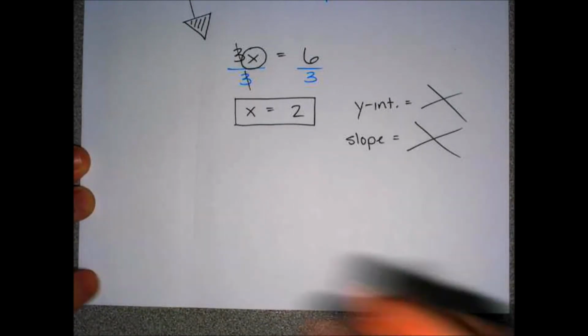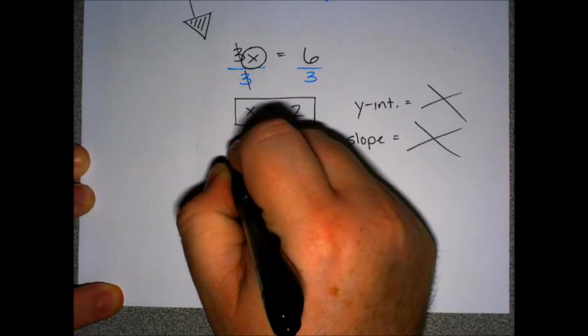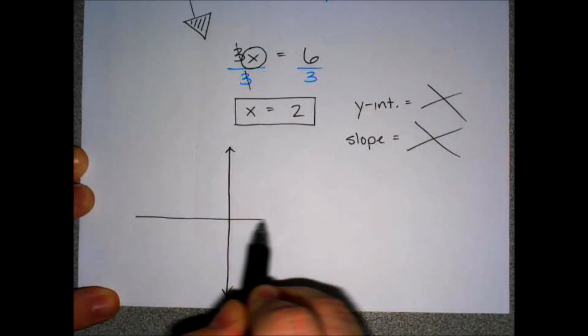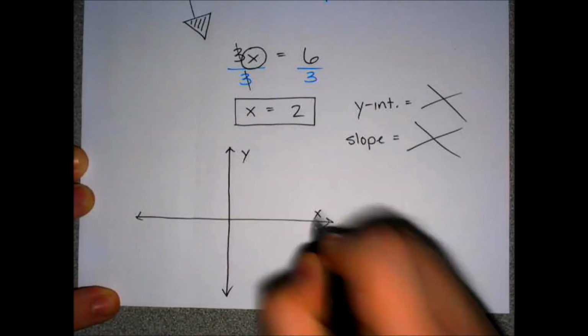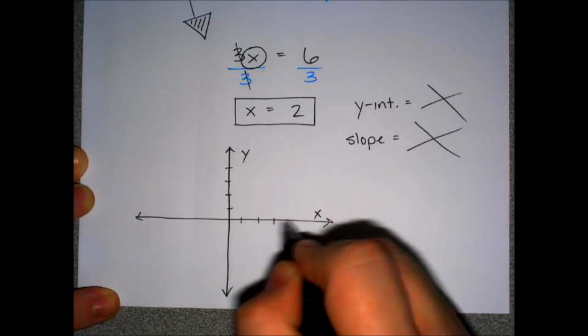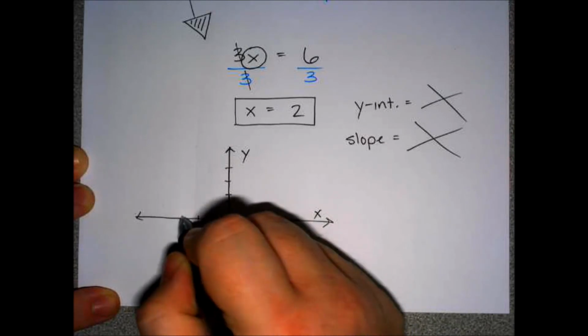So what we're going to do is draw the XY plane. Make sure you draw the y, the x, the little points. Always get those little points in there, the tick marks.